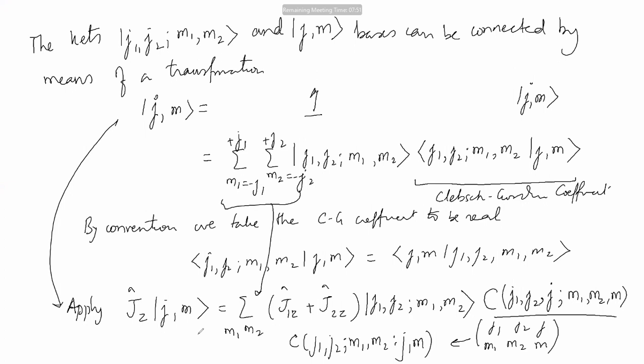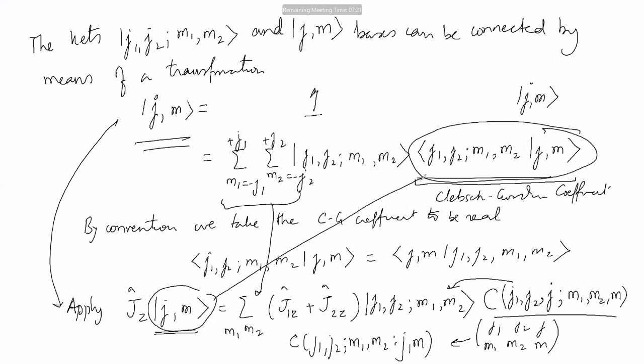You can write ket JM as we have written it, J1, J2, JM, as the coefficient C times ket J1, J2, M1, M2. Just M h-cross instead of ket JM, I can again write the coefficient C J1, J2, J, M1, M2, M times this quantity, because this is what I have told you, that ket JM is this quantity and this is the Clebsch-Gordan coefficient.